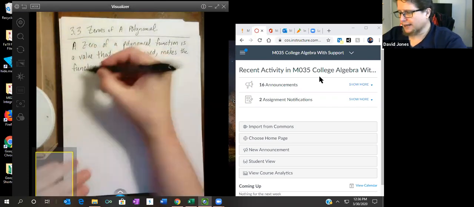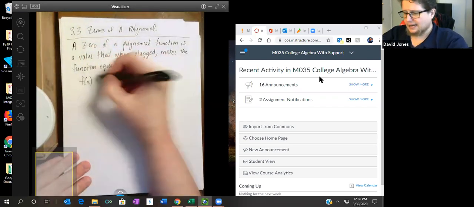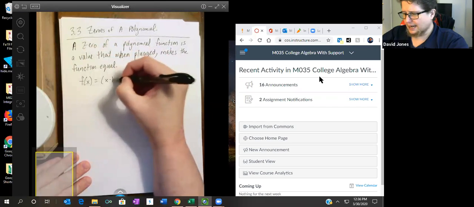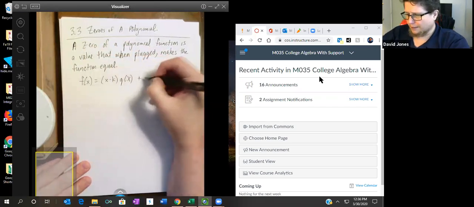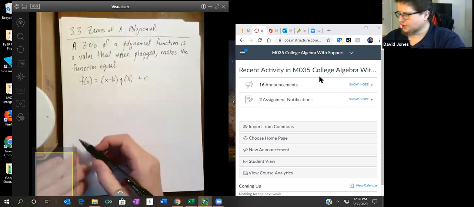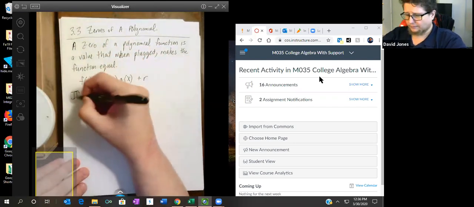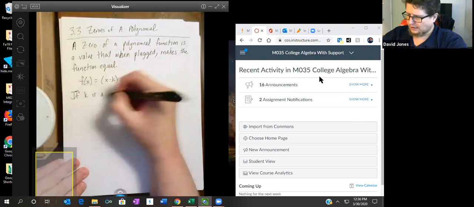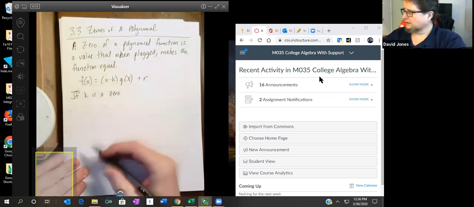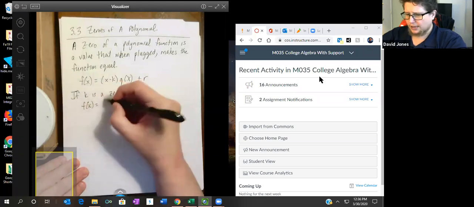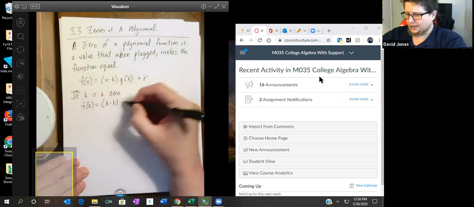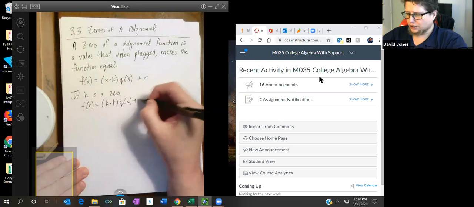And recall we had f of x equals x minus k, q of x plus some remainder. And so if k is a zero, then we have f of k equals k minus k, q of k plus r.